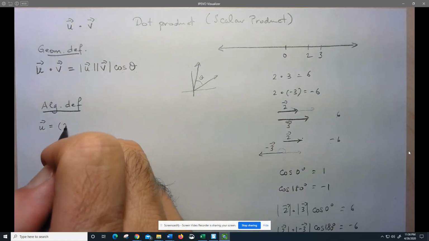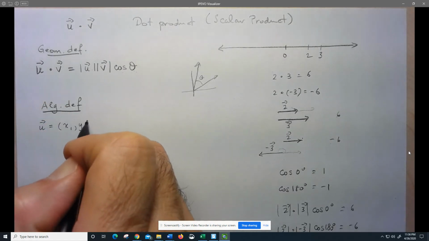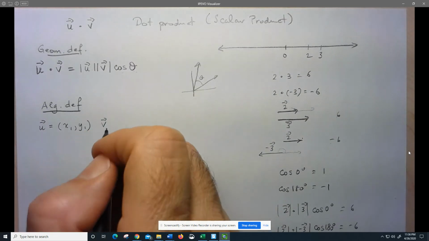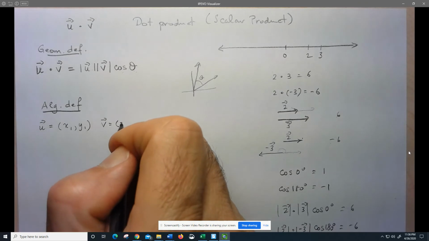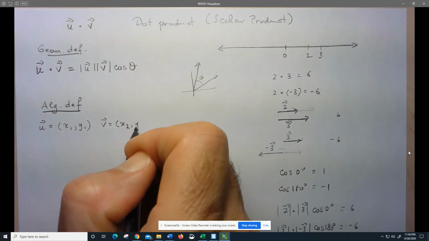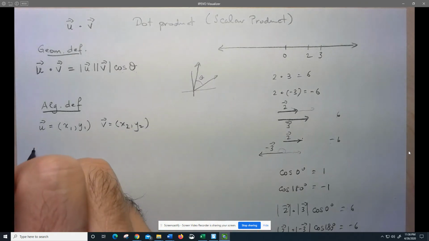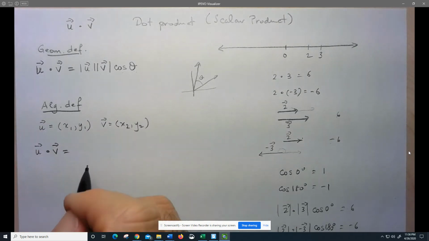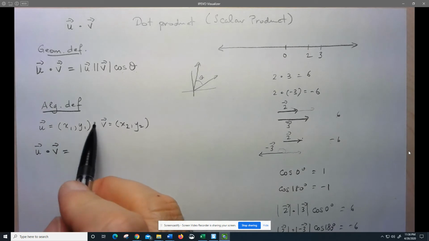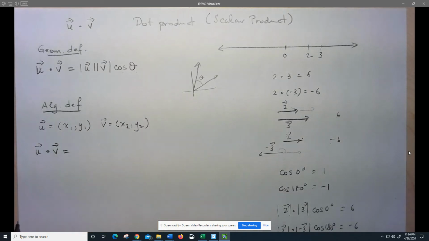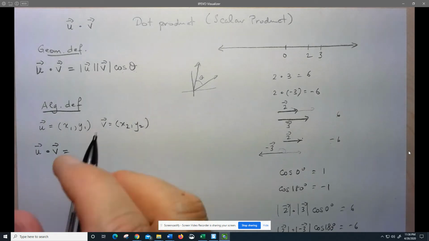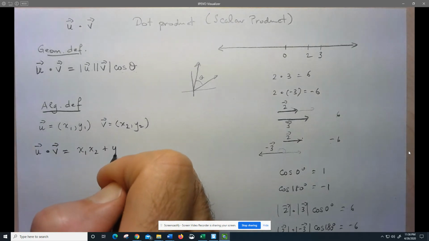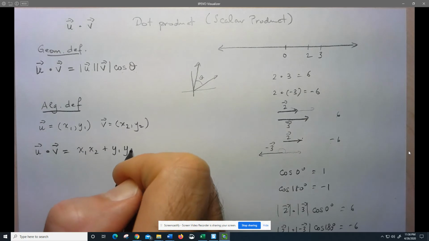If I let u be, say, x1, y1, so any two-dimensional vector, and I let v be x2, y2, any other two-dimensional vector, then u dot v, the dot product, is just given by multiplying the individual components and then adding them together. So it's x1 x2 plus y1 y2.